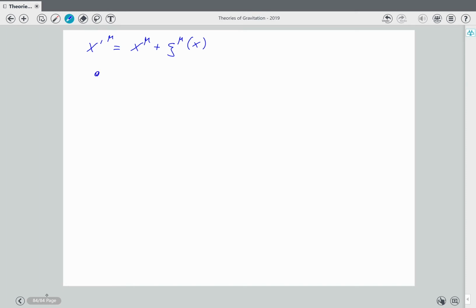And then you know that the transformed metric, g'_{μν}(x'), is g_{ρσ}(x) times ∂x^ρ/∂x'^μ times ∂x^σ/∂x'^ν.